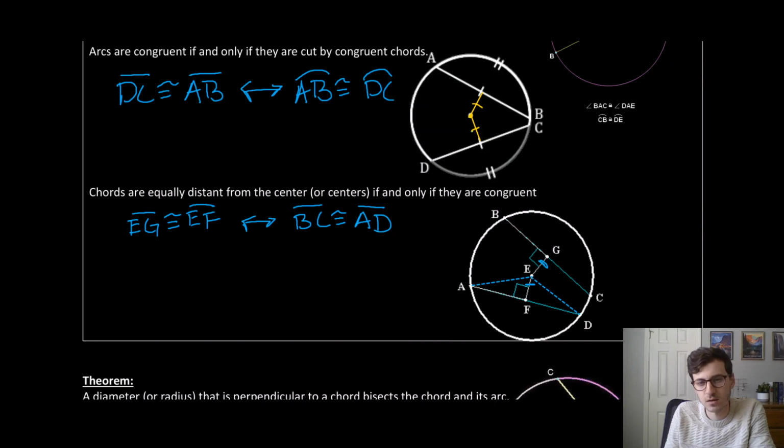And again, the radii are all the same, so you have these two right triangles congruent to these two right triangles. That would mean that these sides are all congruent as well, right? That and that and that and that are all congruent. So then the chords are congruent.